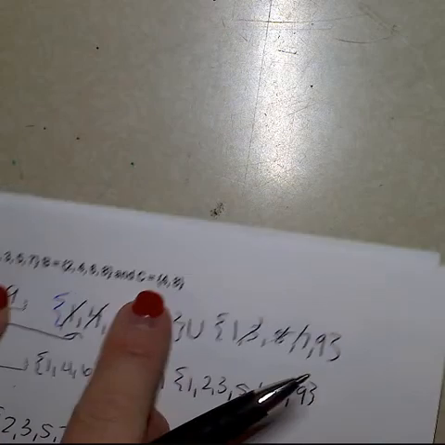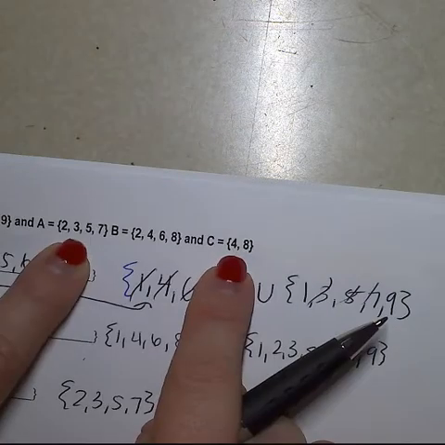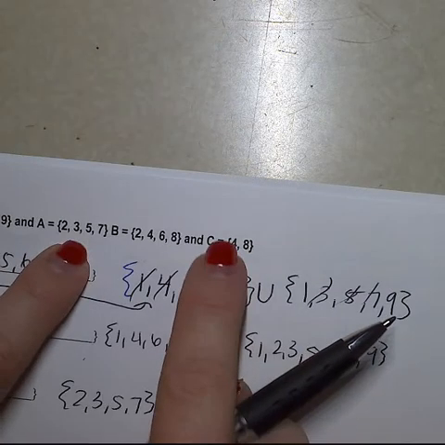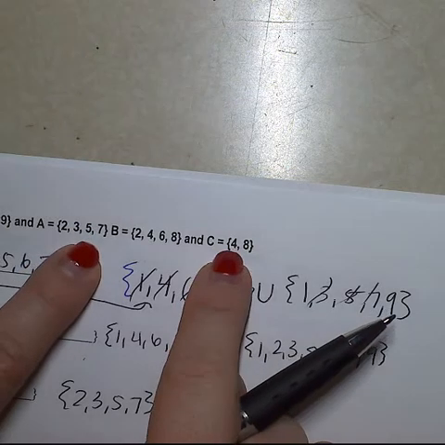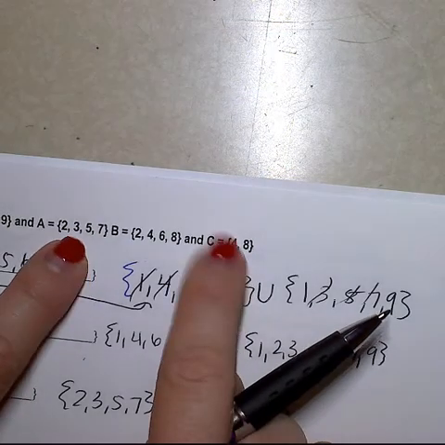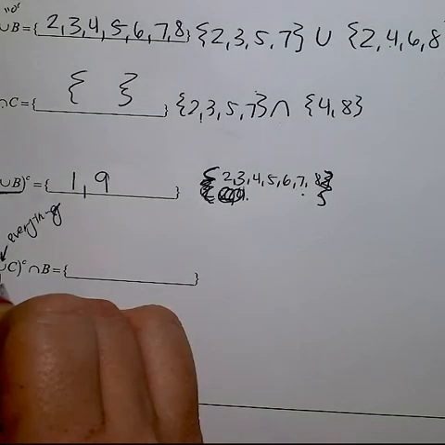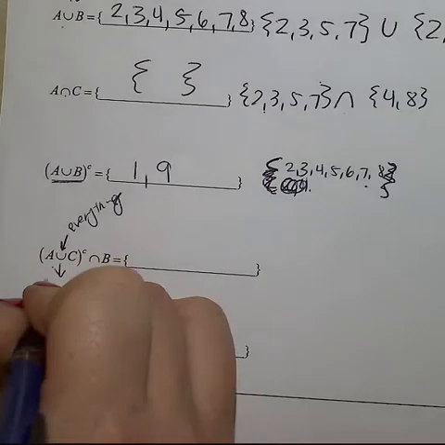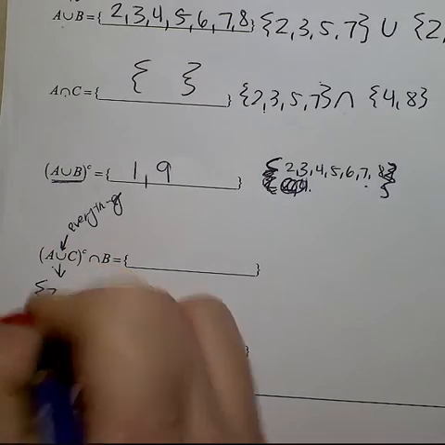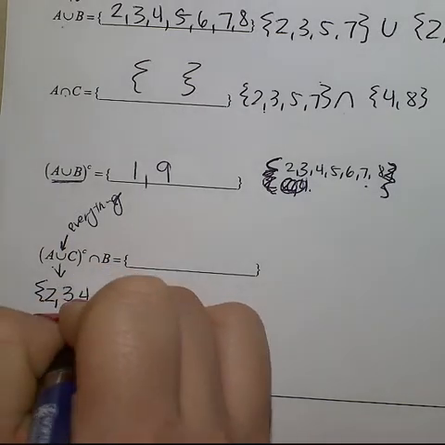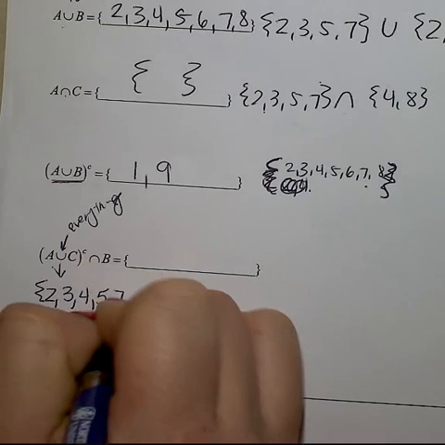Everything in A and C would be the numbers 2, 3, 4, 5, 7, 8, correct? 2, 3, 4, 5, 7, 8. So this portion before the complement would be 2, 3, 4, 5, 7, and 8.